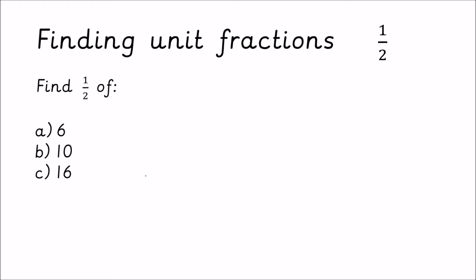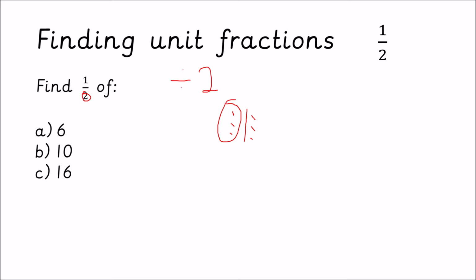Welcome back. So a half. Remember, to find a half we are simply dividing by 2. Our denominator is 2. We've got 2 equal groups to split our wholes into, so we're dividing by 2. 6 divided by 2. If you know your times tables, you know what that is straight away. However, if you don't, you can count 1, 2, 3, 4, 5, 6, split them into 2 groups this way, and you'll find that one group would have 3 in.